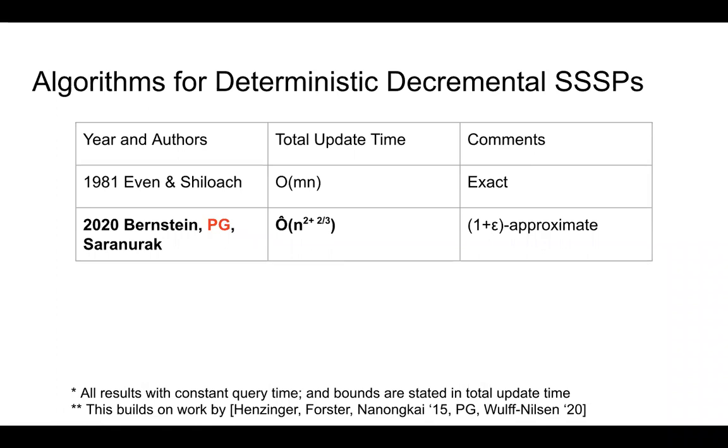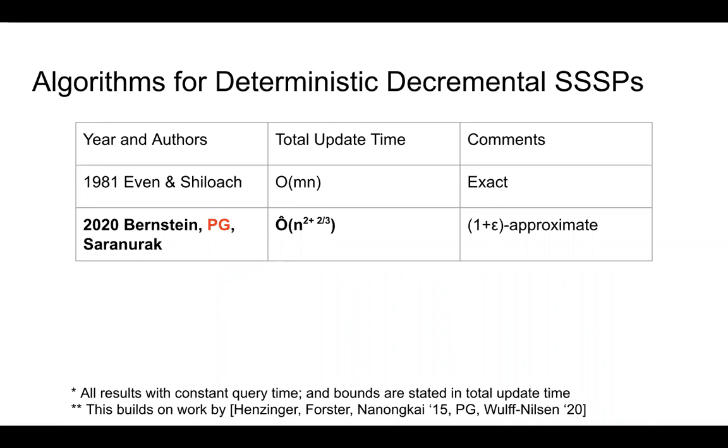And it looks even bleaker for the Deterministic Decremental SSSP setting. So really since 1981, the Even and Shiloach data structure gave total update time MN for the SSSP problem already, but ever since it could not be improved in the deterministic setting.